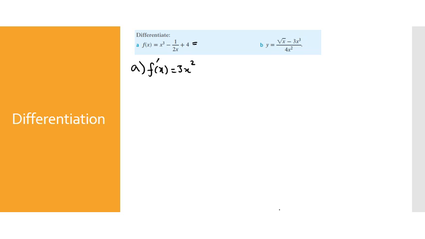This one, because you have 1 over x, I would rewrite that in terms of a negative power, like so. So then that becomes negative 1, sorry, not negative 2, times a half, then subtract the power by 1, so it's 2.